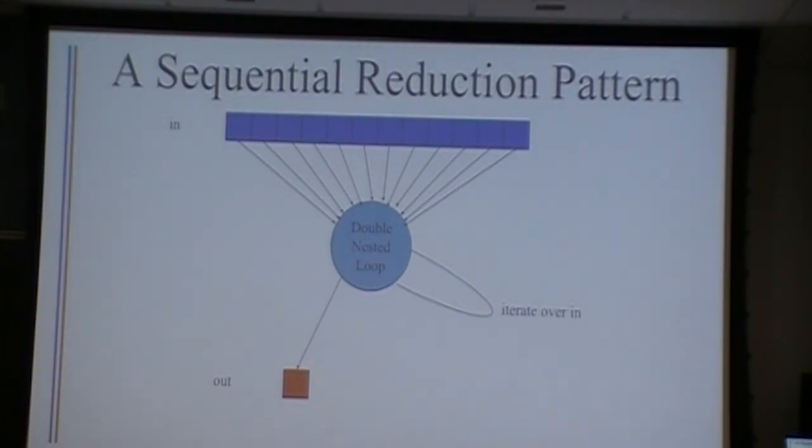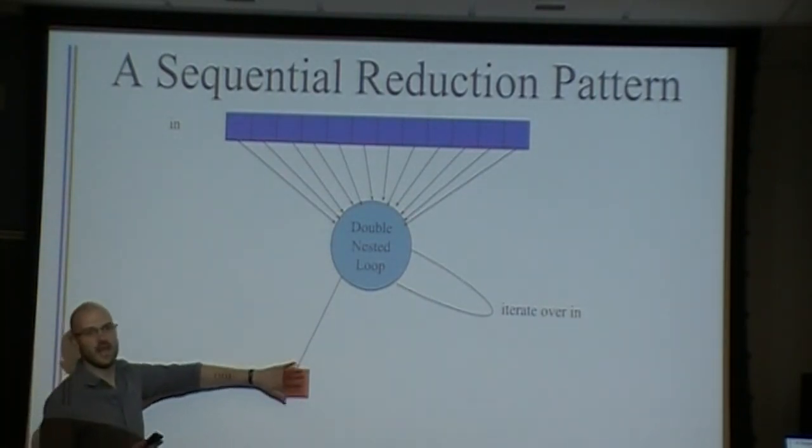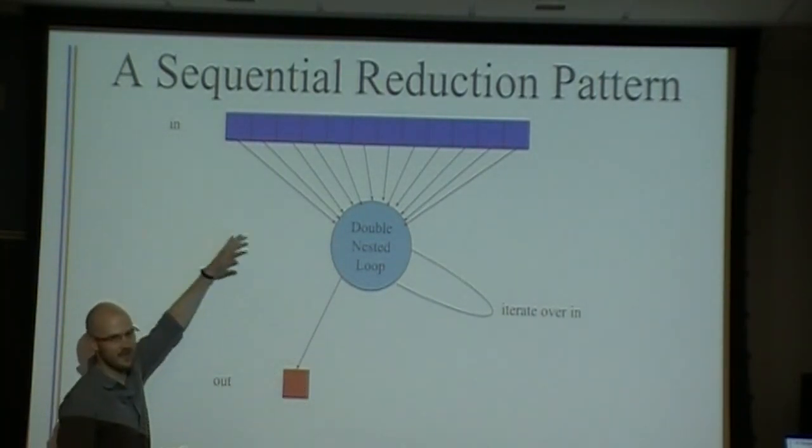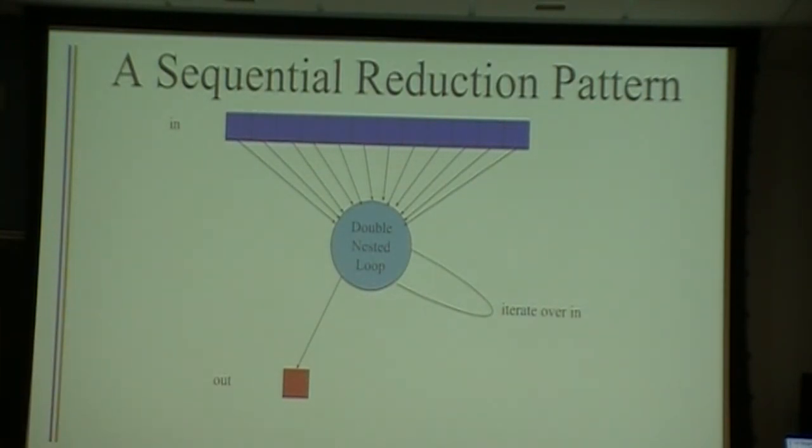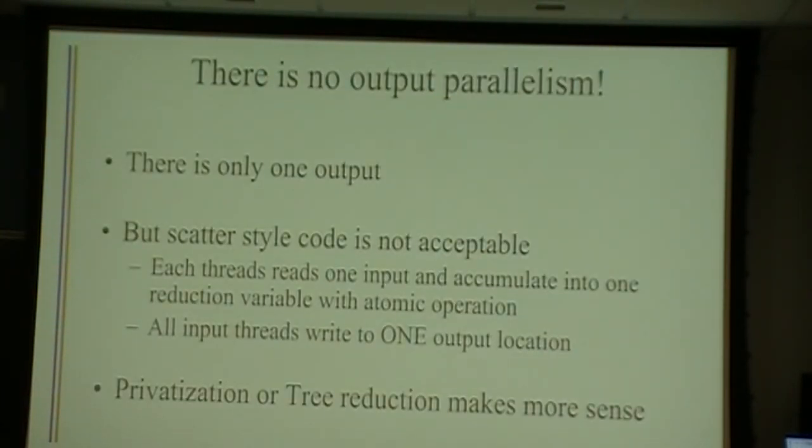And so, of course, the fix is that this doesn't have to be your only output, right? We can have a tree of outputs, essentially, and have parallelism the whole way down, which is exactly what we do. There's no output parallelism, but the scatter is not good. You wouldn't do this reduction just with atomics.